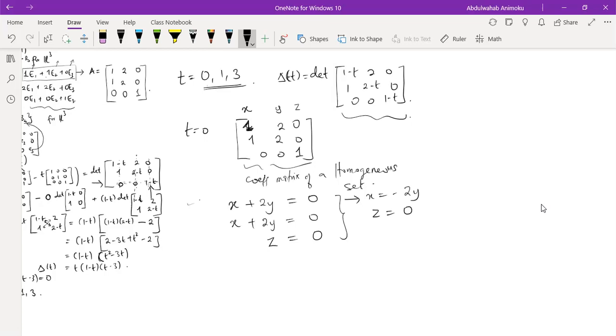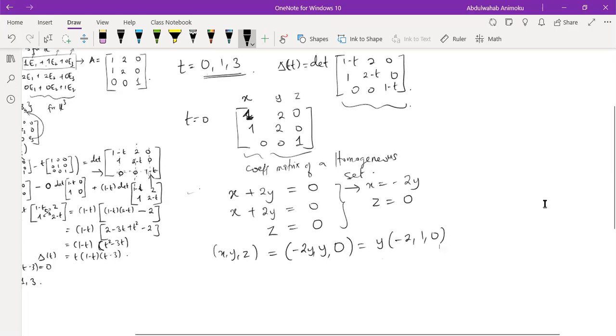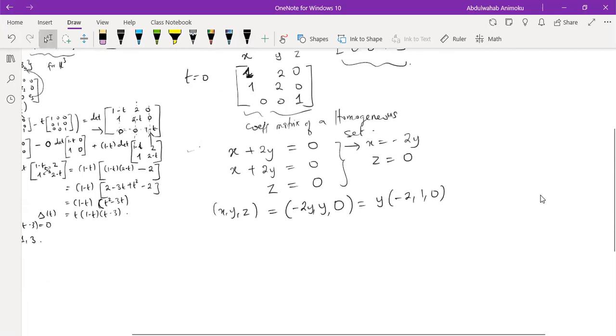Notice that the first and second equations are the same. So basically, the solution to this x, y, z is just when x is minus 2y, y is a free variable, and z is 0. So we can take y out, and we have this. So this tells us that this vector is the generator of the solution space of this eigenvalue.